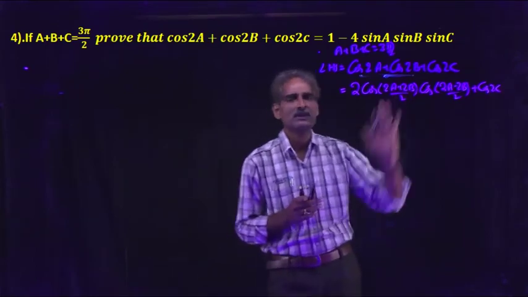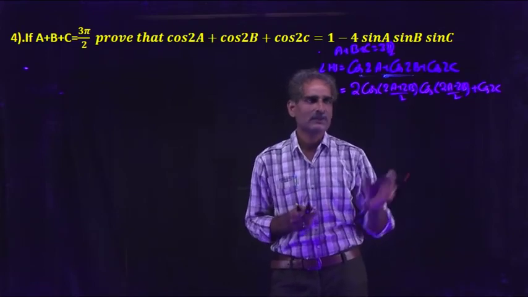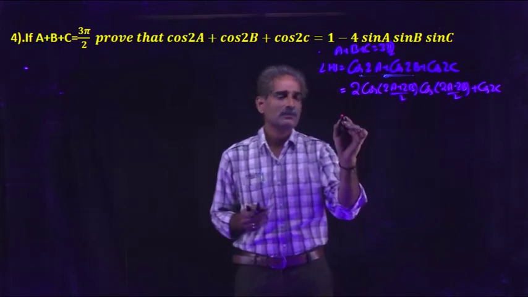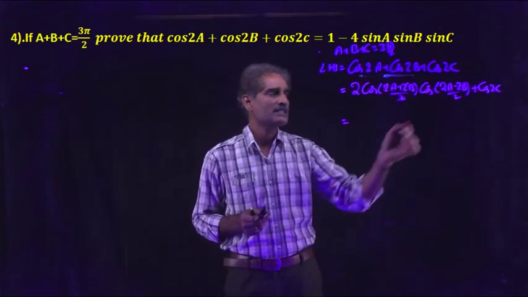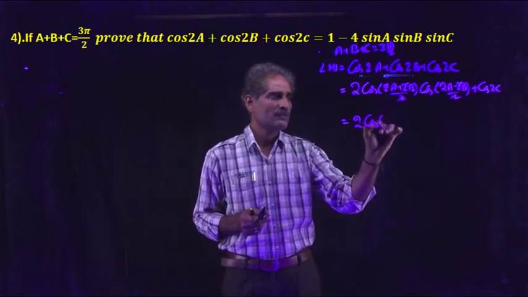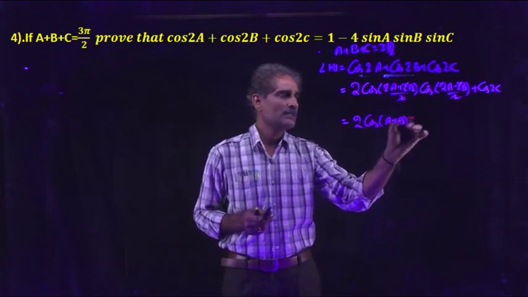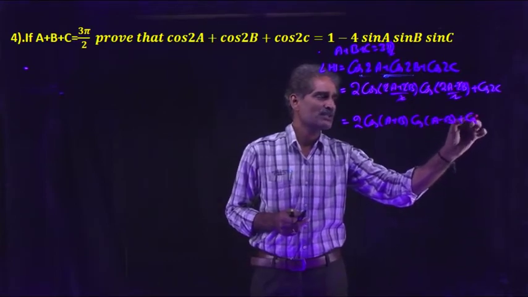Just keep it. Later we will discuss it. Next, observe that the 2 will get cancelled here also. Then we will get 2 into cos(a plus b) into cos(a minus b) plus cos 2c.